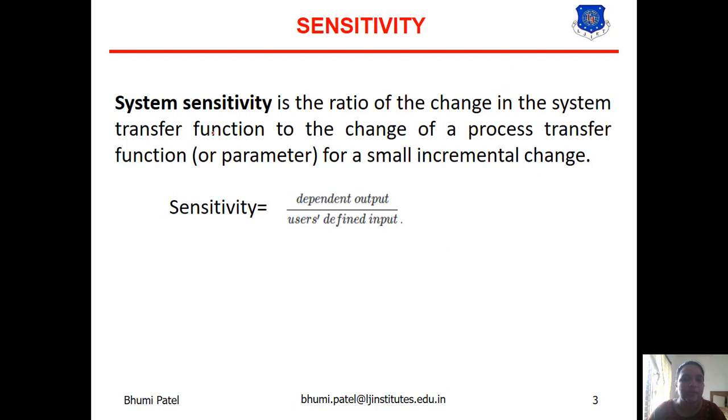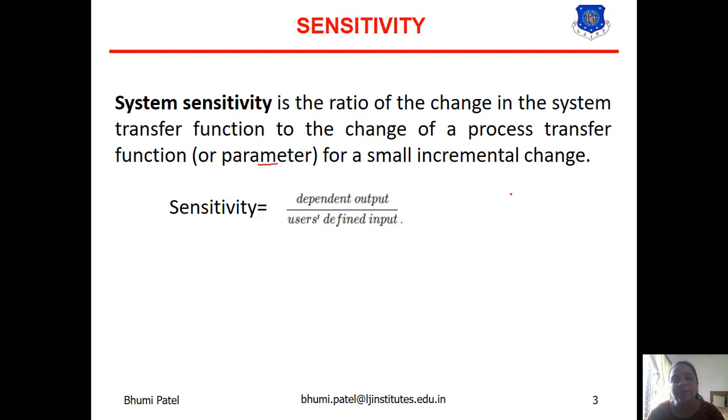System sensitivity is the ratio of the change in the system transfer function to the change of a process transfer function or the parameter for small incremental changes. So the sensitivity is equal to the dependent output upon the user-defined input.